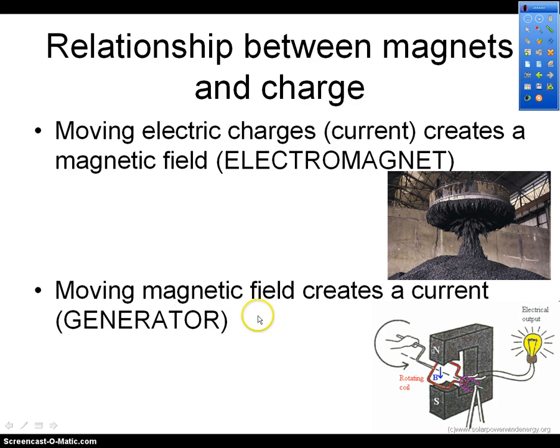So if you have a generator, this is a picture of a hand crank generator, where you're physically using your hand motion to move this magnetic field relative to another one, and then that creates a current which you can use to, in this case, run a light bulb or whatever. So that's the purpose of a generator, and that's what they do. So we'll talk more about generators later. For right now, we're going to focus a little bit on this top one, how these currents create their own magnetic fields.